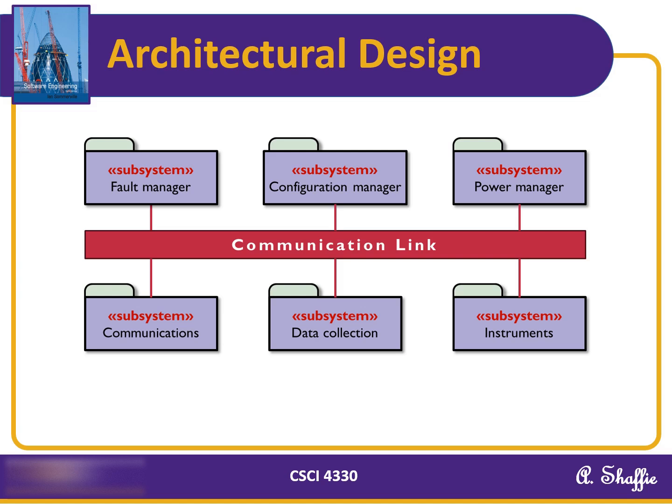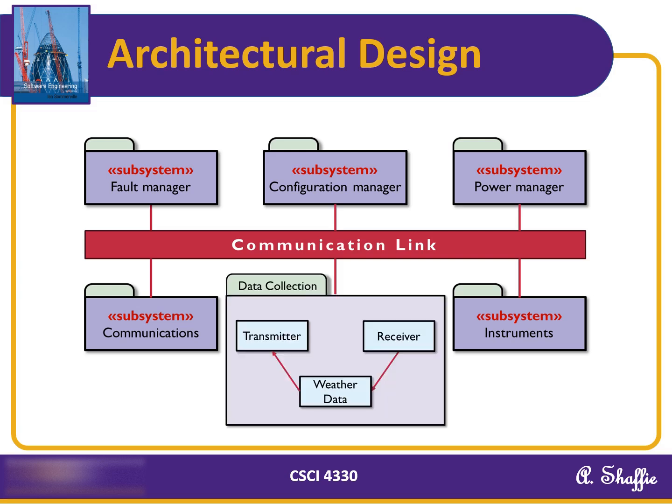Now, if we zoom into the data collection subsystem, its architecture follows a producer-consumer pattern. Here, the transmitter and receiver objects manage communications, ensuring messages are sent and received efficiently. And the weather station object gathers information from the instruments and transmits it to the weather information system.